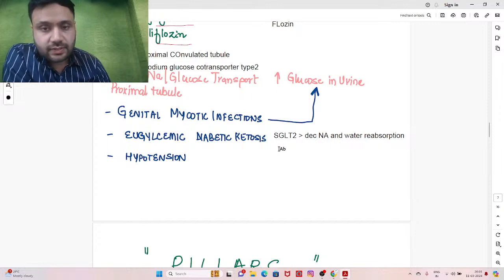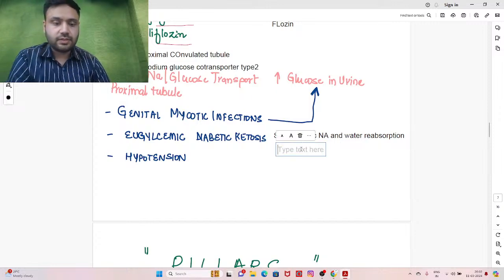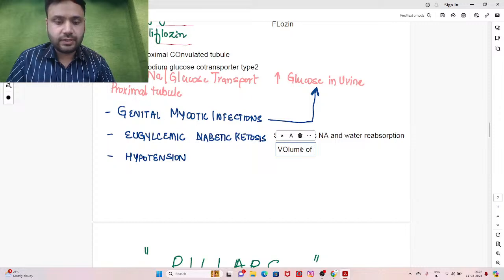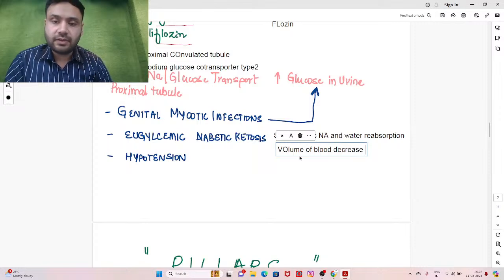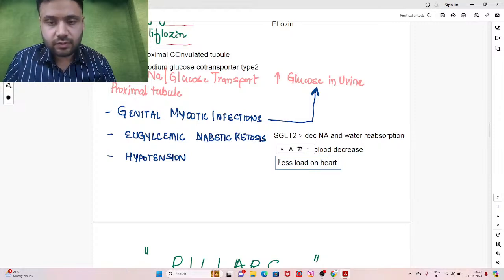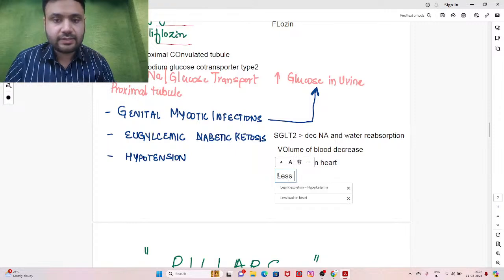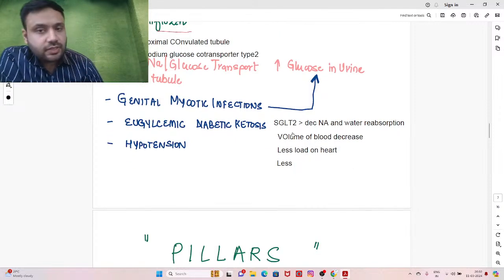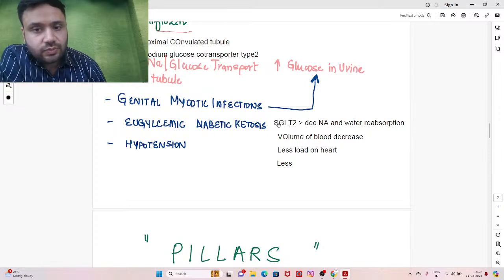Once this decreases, the volume of blood will decrease, and there would be less load on the heart, because the amount of blood is less, right? So SGLT2 inhibitors decrease sodium and water reabsorption. This leads to loss of blood volume.